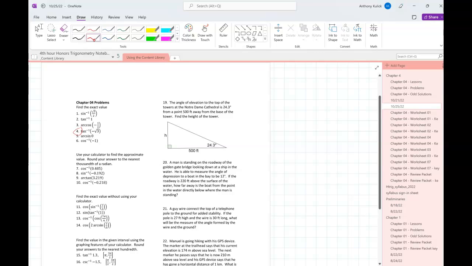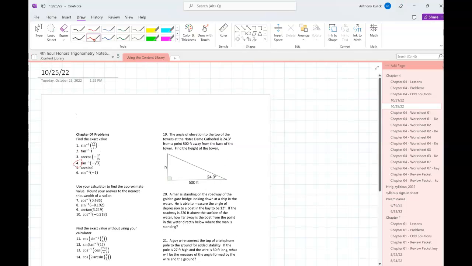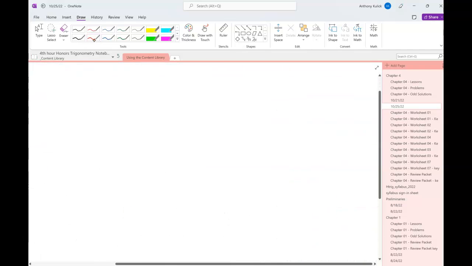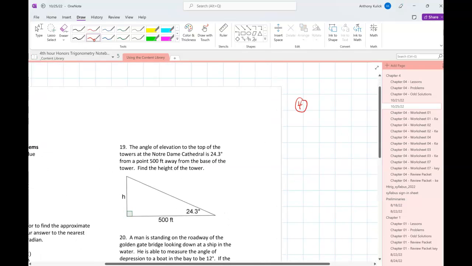So, first thing I'm going to observe in the directions, it's asking me for an exact value. On a problem like this, when we're asked for an exact value, what do we know we're going to have to be using? Unit circle. Second thing I'm going to observe is that I'm not given an interval in which to find my angle, right?